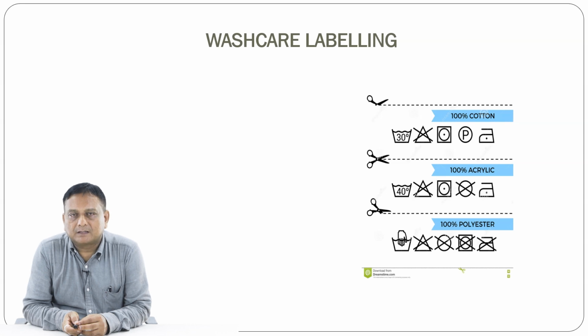Then drying: somewhere drying is required, somewhere drying is not required. Then dry cleaning: somewhere dry cleaning is not at all required, somewhere it is required. And also ironing. Ironing is required, sometimes it may not be required. So it differs depending upon which type of garment, which type of fabric is used in the garment. Based on that only we should determine what type of care label we will use.